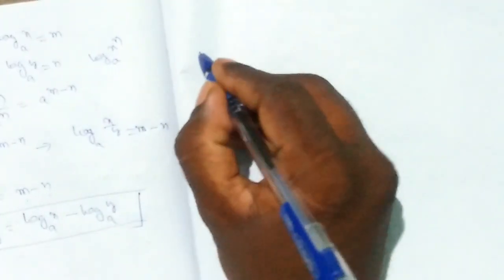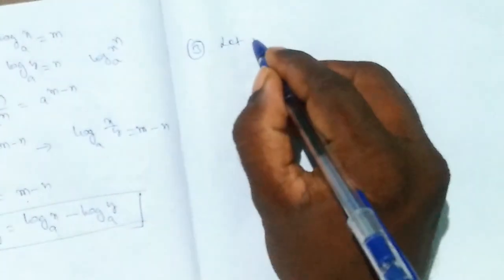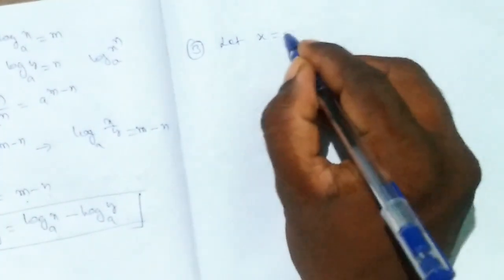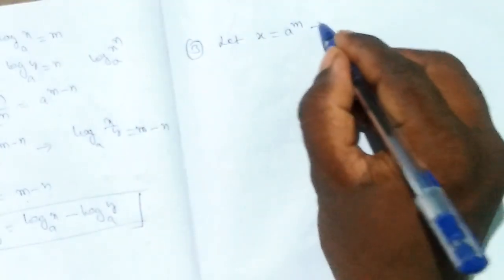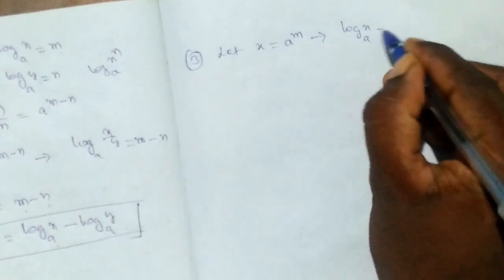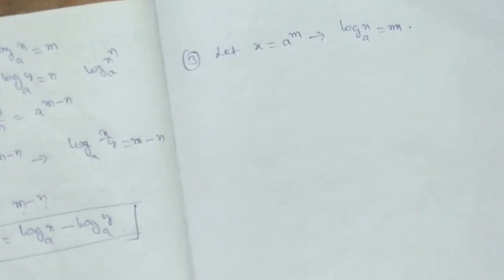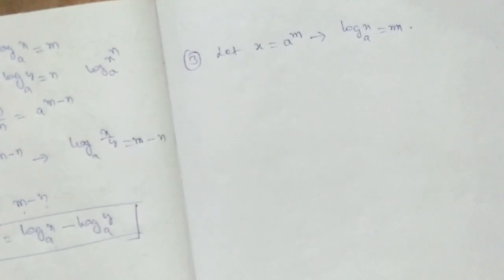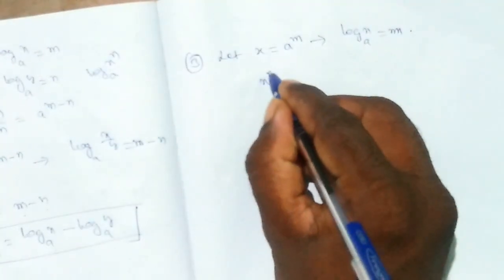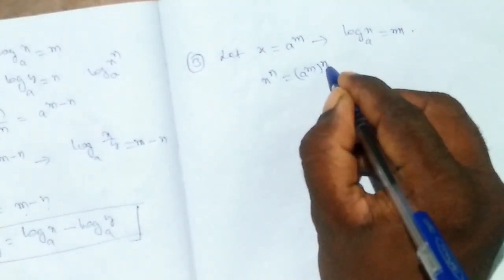Now I am going to explain the third property, or third formula. Let x is equal to a to the power of m. How can we change this into logarithm form? Log x base a is equal to m. Now I raise the power n on both sides. What happened? x to the power of n is equal to a to the power of m, whole power n.